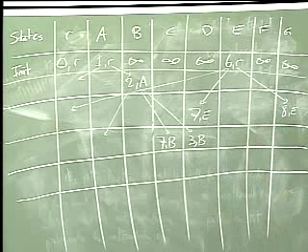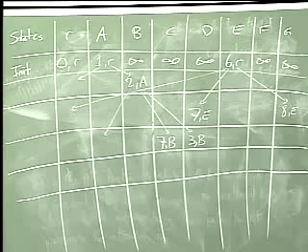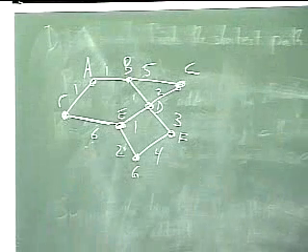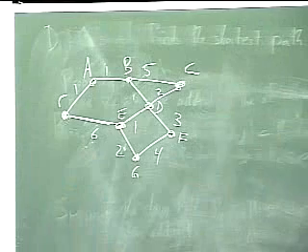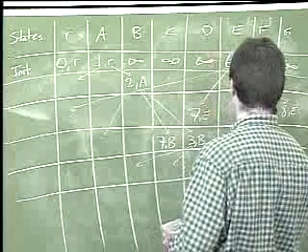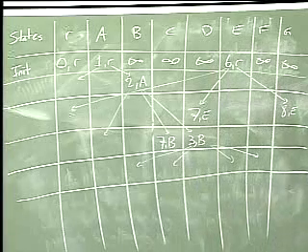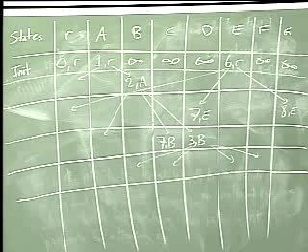So D has contact B, C, E, and F. Okay, and B's already closer. It's not going to get any closer by going through D. C's distance is 7. If it goes through D, its distance is going to be 5.